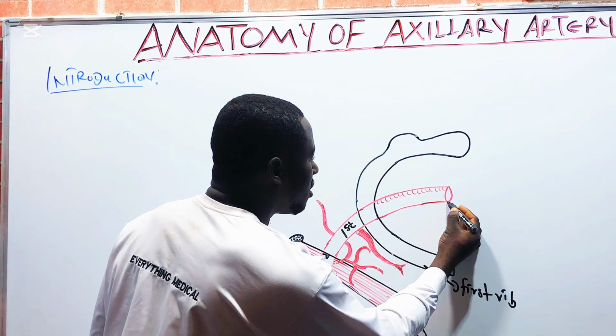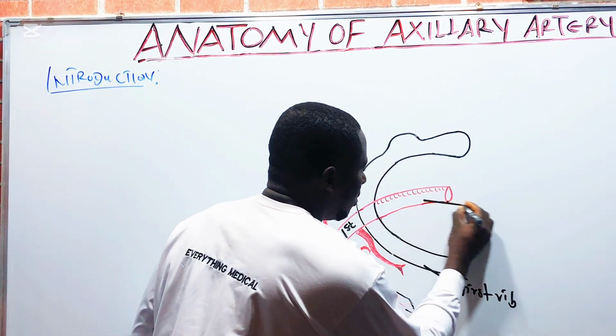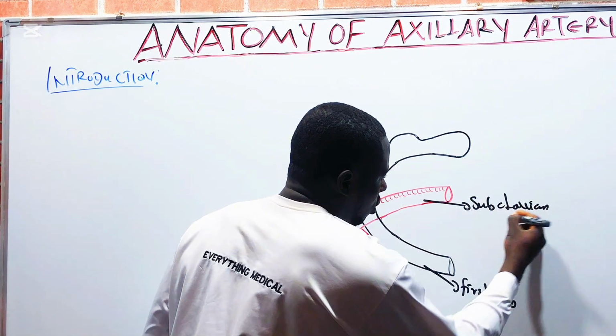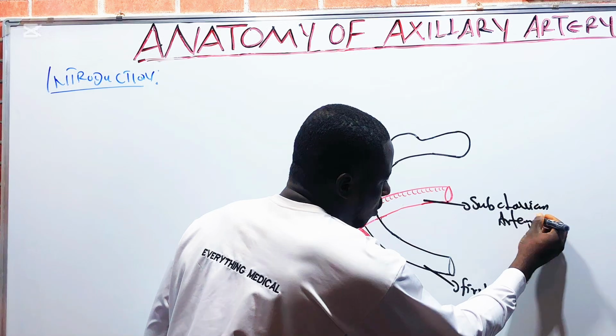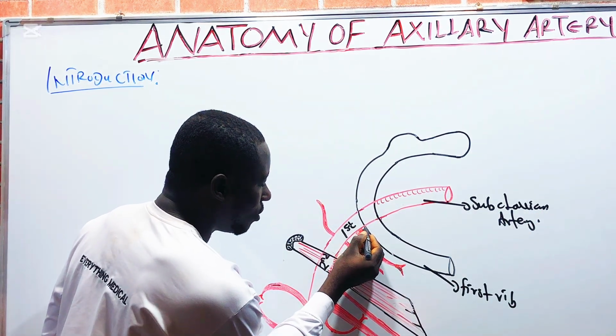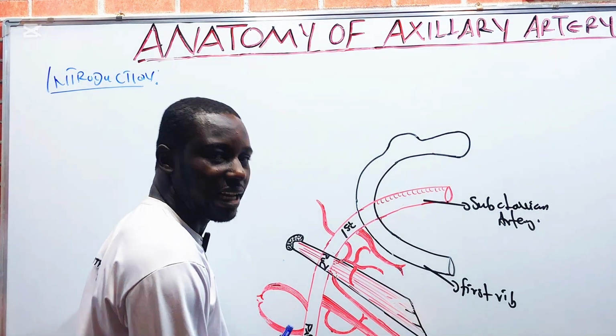So from this region to this region remains the subclavian artery. Now, from the outer border, continuing downward to this region remains the axillary artery.